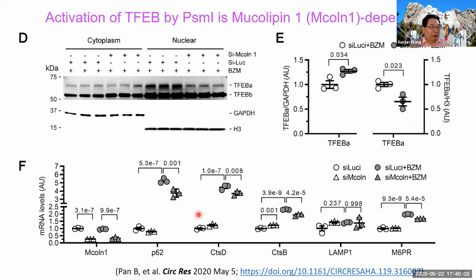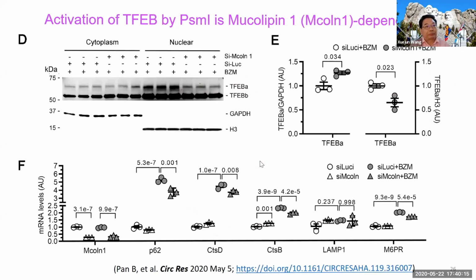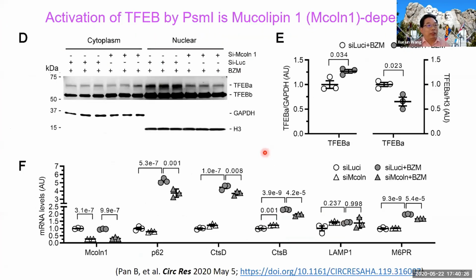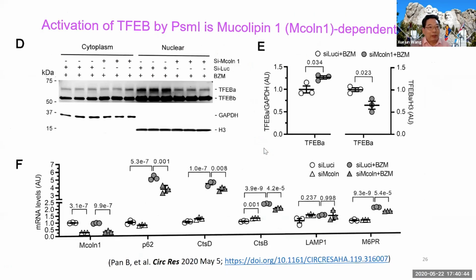Also, the representative target gene of TFEB activation by PSMI was attenuated by knocking down MCOLN1. So by then we basically delineated a pathway, MCOLN1, calcineurin, TFEB, P62, that participates in mediating the activation of autophagy by proteasome malfunction.